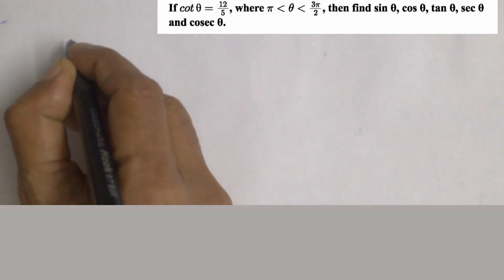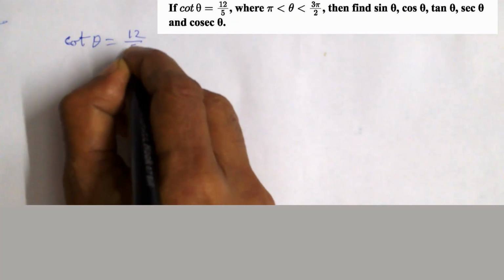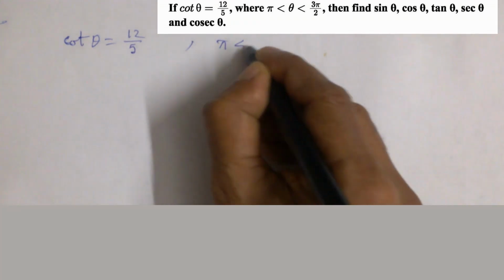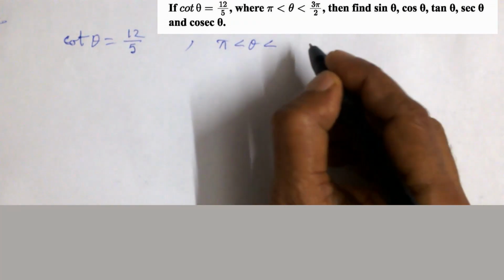So first write cot theta is equal to 12 by 5, pi less than theta less than 3 pi by 2.